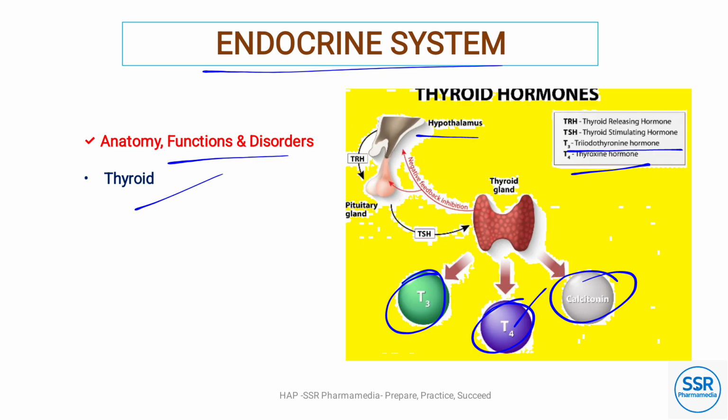TRH is thyroid releasing hormone. TSH is stimulated through the pituitary gland, and the thyroid gland secretes these three hormones. TRH, thyroid releasing hormone, goes from hypothalamus to pituitary.